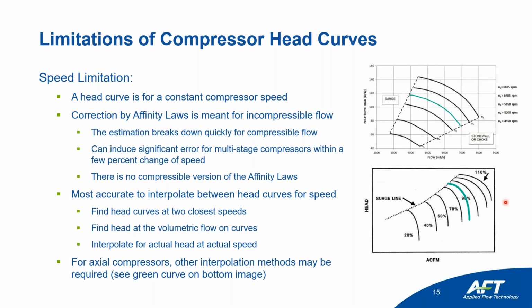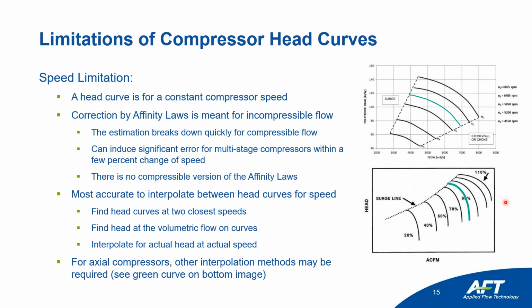So, I mentioned loose speed limitation and how speed affects your pump. I'm mentioning it here for the compressor head curves as well. Just like with the pump, pretty straightforward: the head curve is for a constant compressor speed.